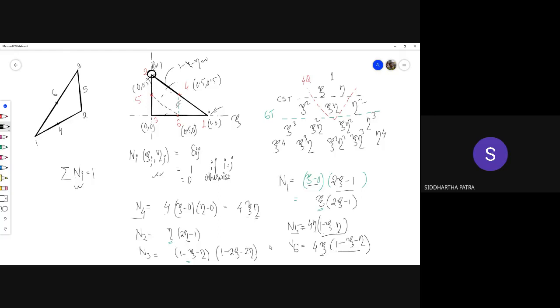Okay. So in this way we can proceed, we can do the same exercise that we did. Essentially the rest of the things remain the same.